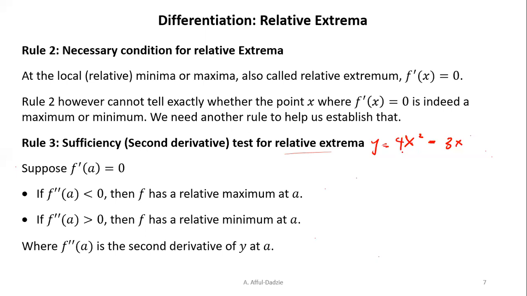So if I take the first derivative of this, I have 8x minus 3 equals 0. At this point, it is a potential maximum point.